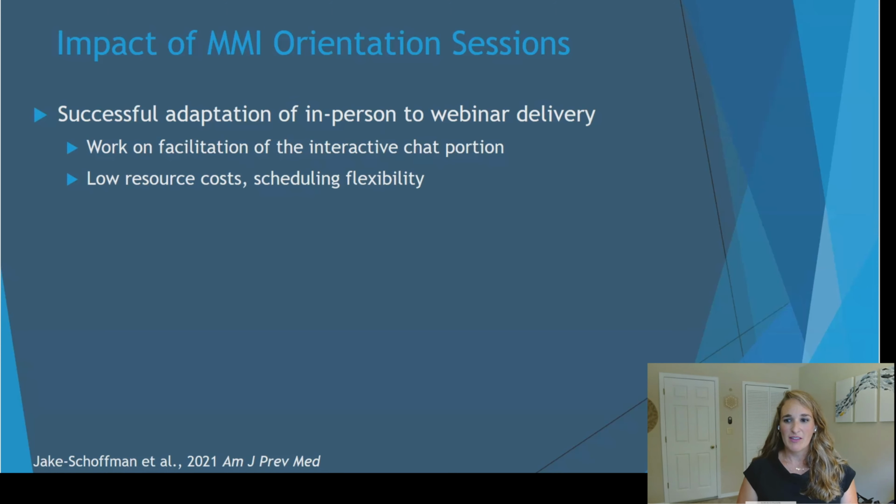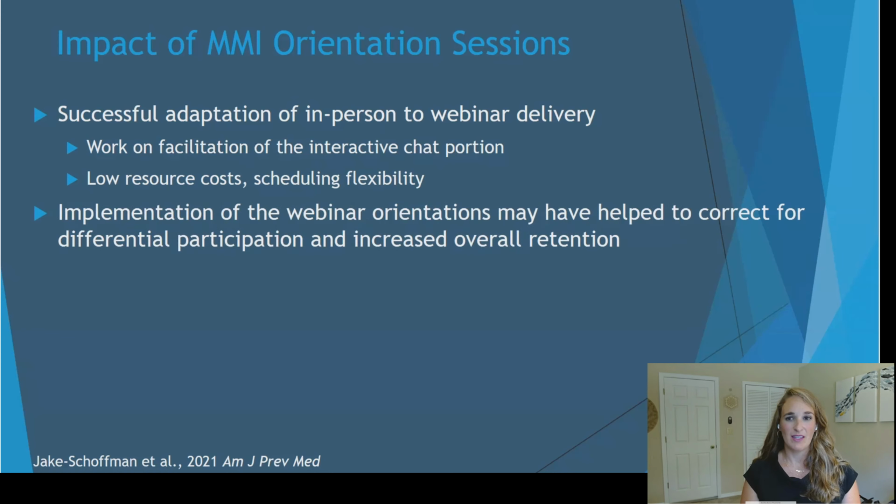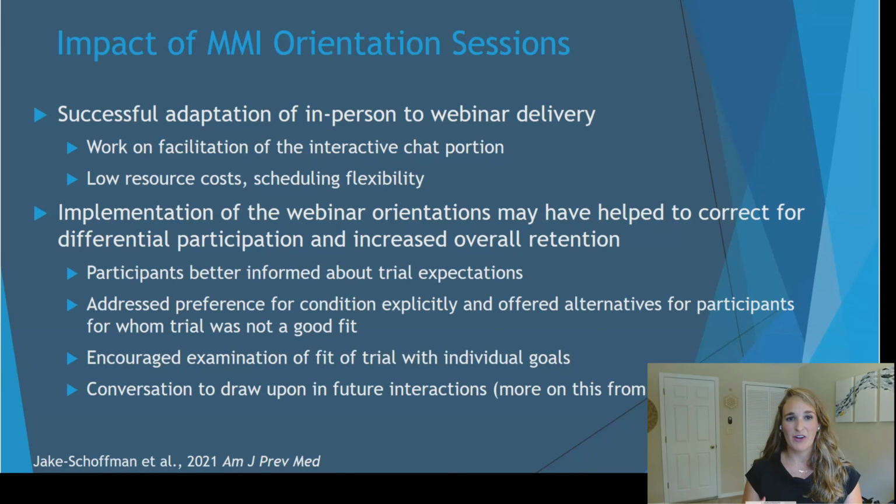And because of the format, once we had our slides set up, once we had a script and we were able to train a couple of research staff people, this was really a low burden procedure to implement and something that we've now implemented within our teams across multiple other studies because of these impacts that we saw and the low burden to actually put this in practice. It may have helped to correct for our differential participation. It also helped us to increase overall retention.